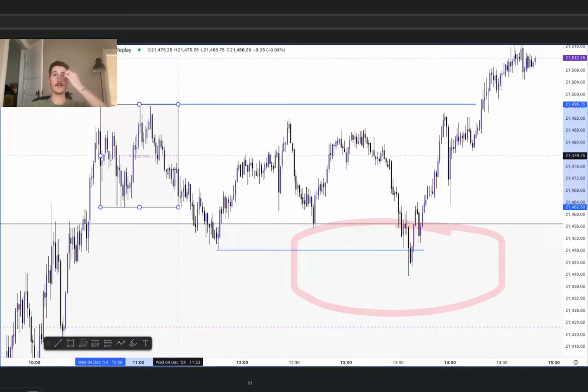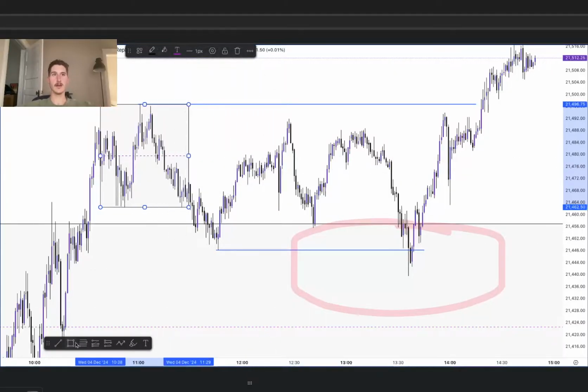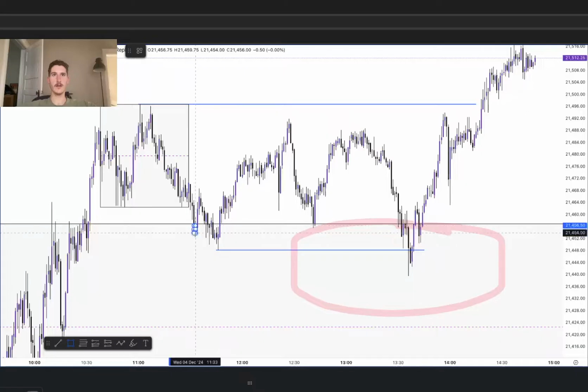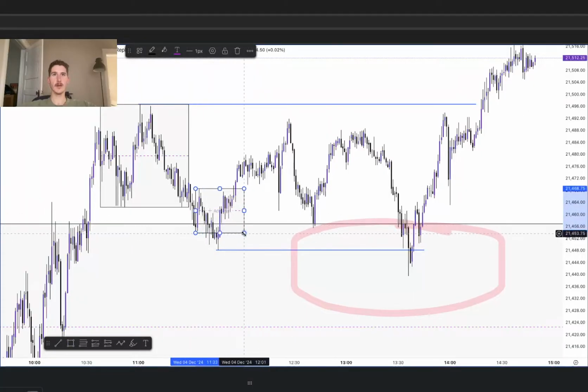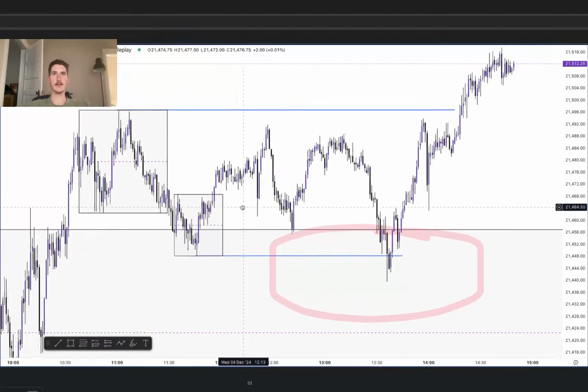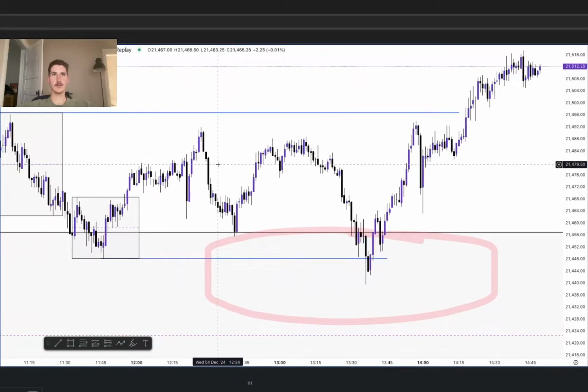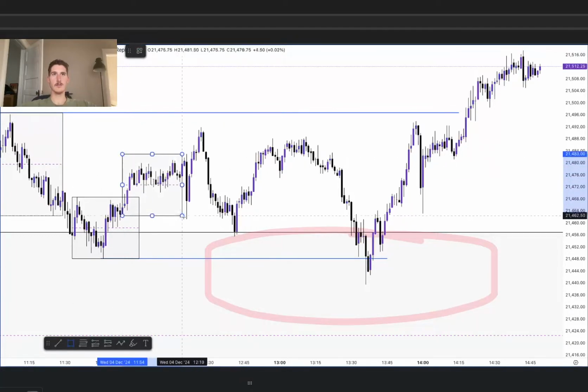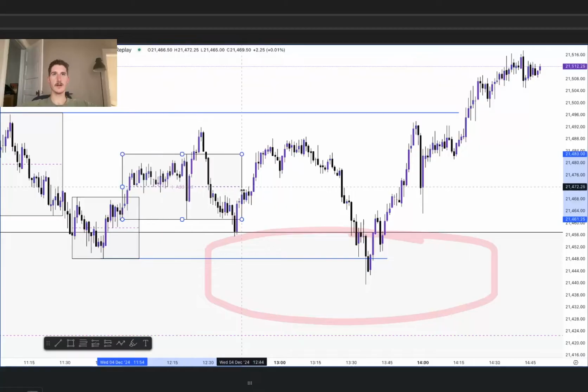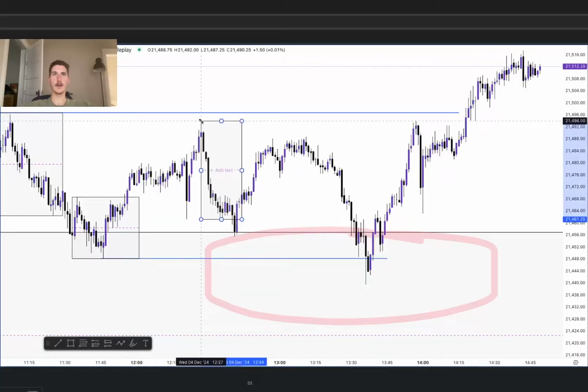And after that flip down, we then get another swing on the 1 minute right here, and then we get a flip up because of that. The structure in here is so horrible to look at, I'm just going to lob all this together because it's such a mess. But then we have obviously a flip back down here.